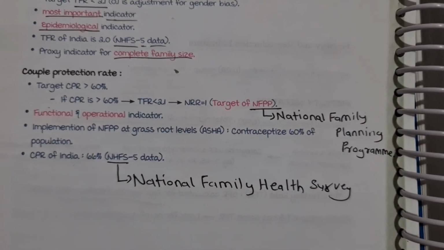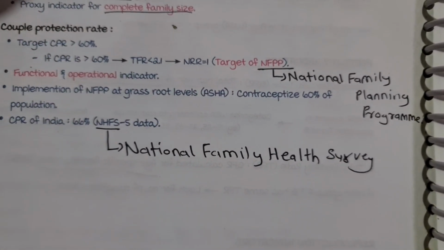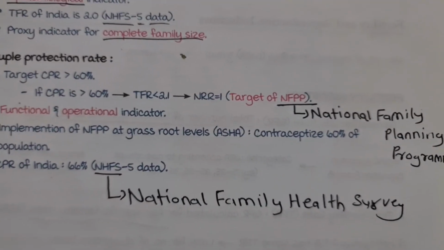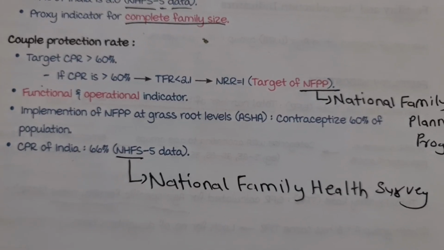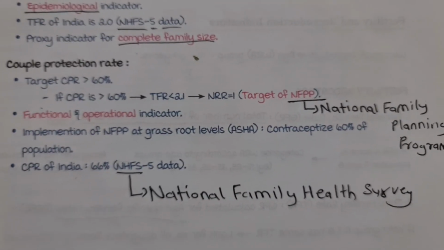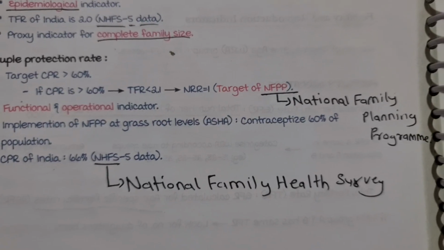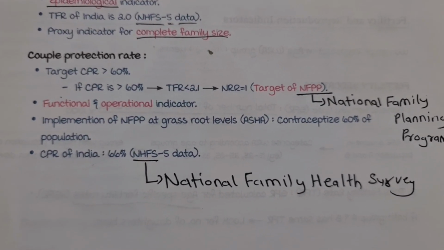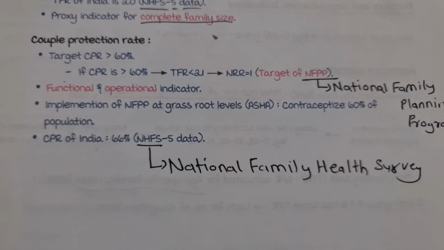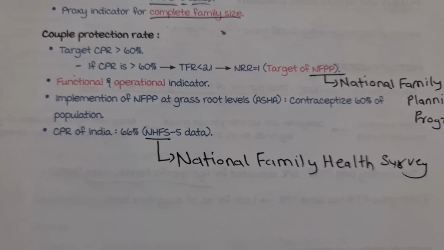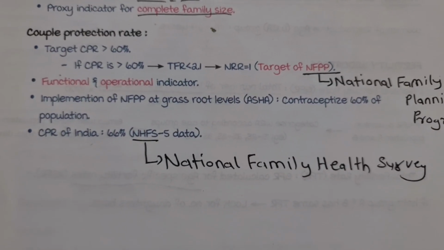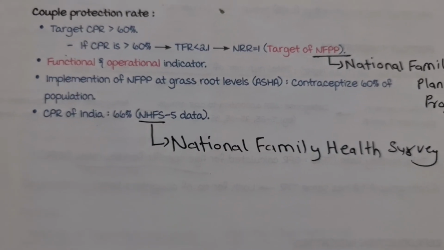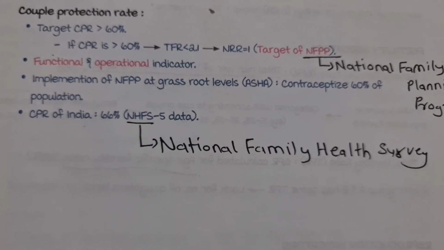If we talk about the couple protection rate, the couple protection rate means the percentage of the couples in the reproductive age group, between 15 to 49 years, who are effectively protected from childbirth by any method of contraception, be it a hormonal method or any contraceptive method.